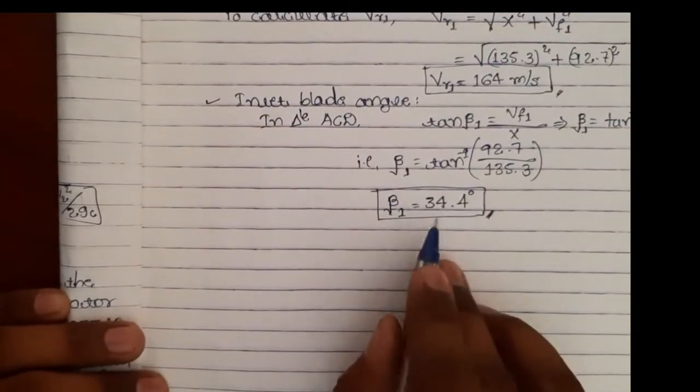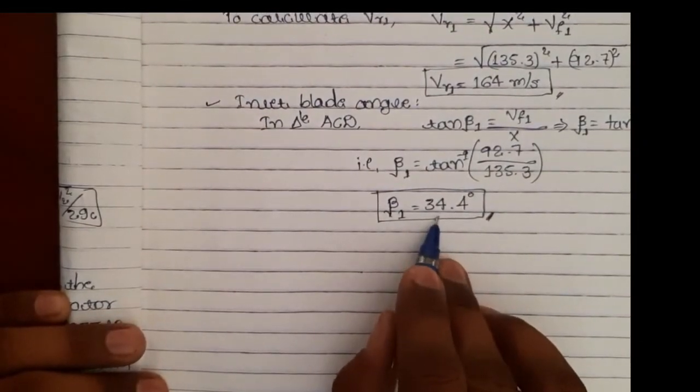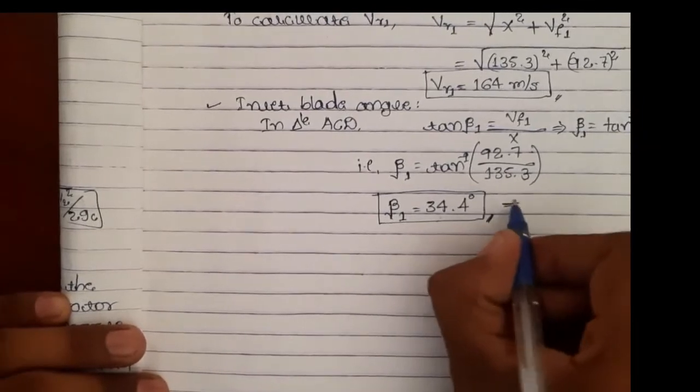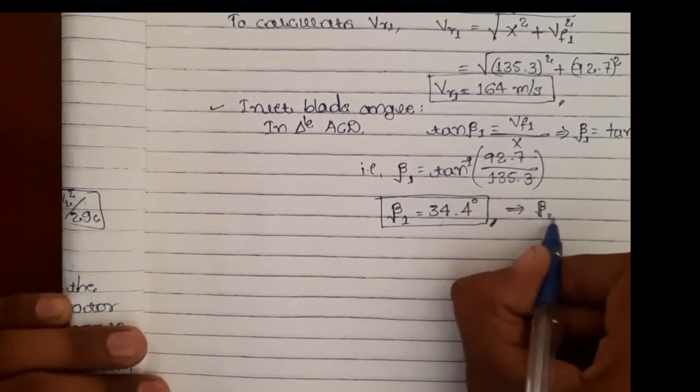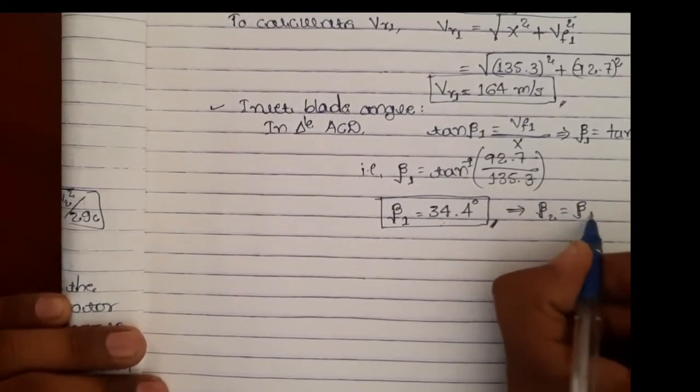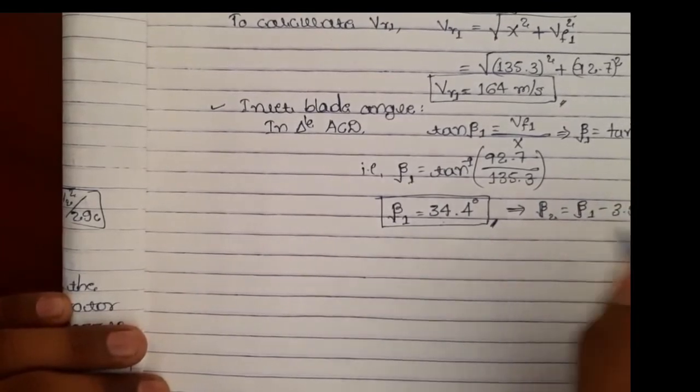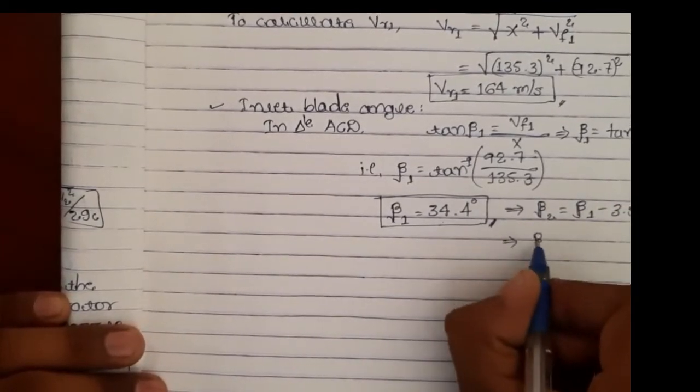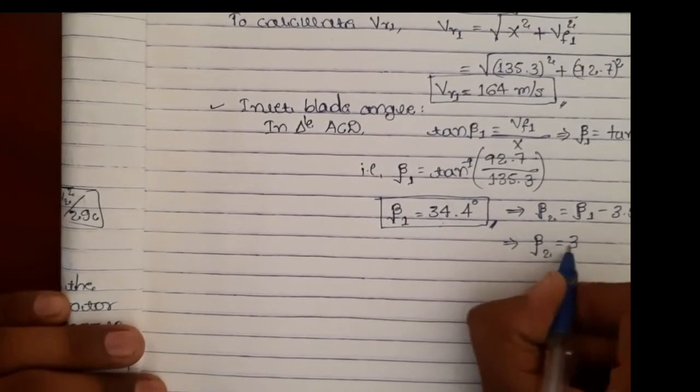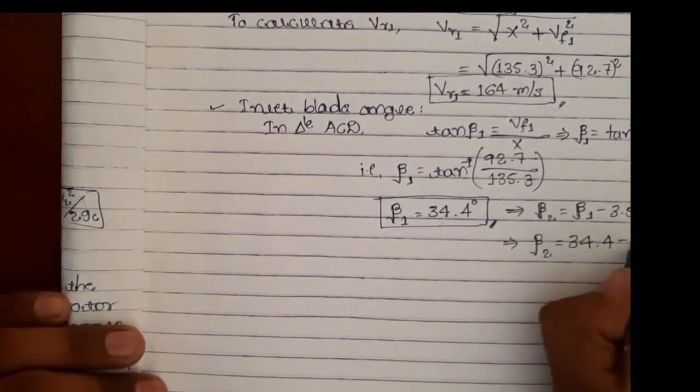Now, we just calculated beta 1, but in the given data, we are given that beta 2 is beta 1 minus 3.5 degree. So we shall directly calculate beta 2 here only. It is 34.4 minus 3.5.